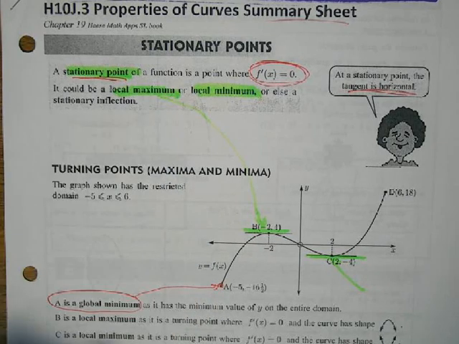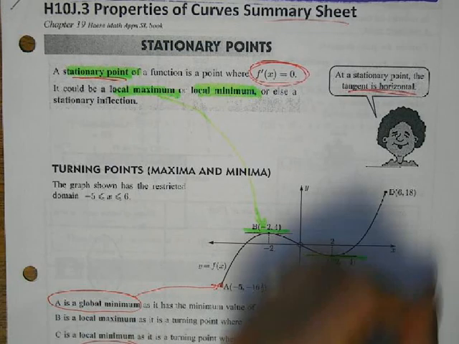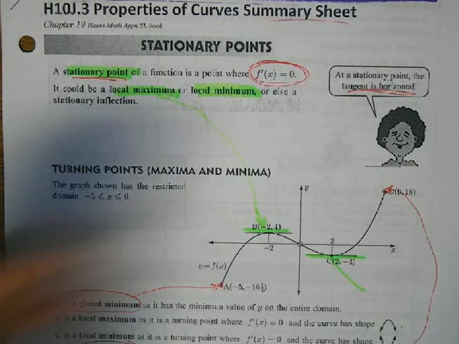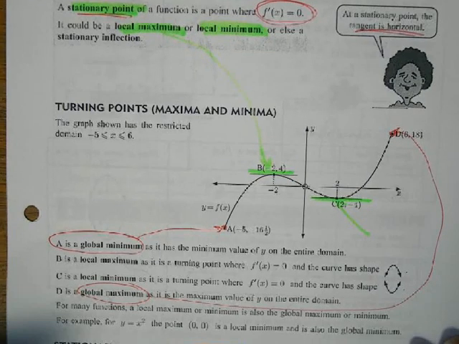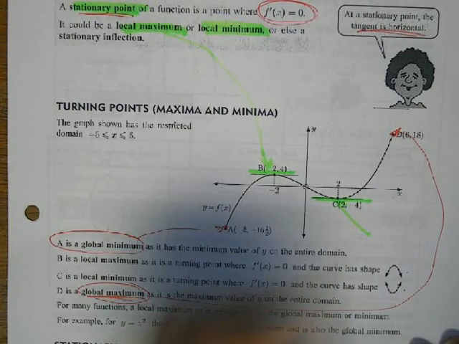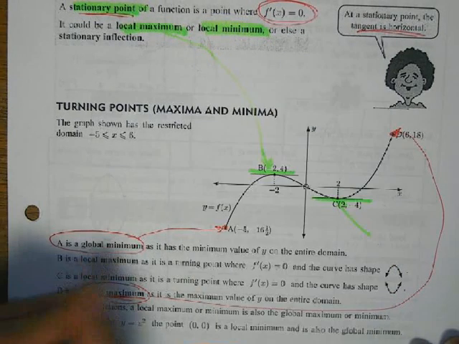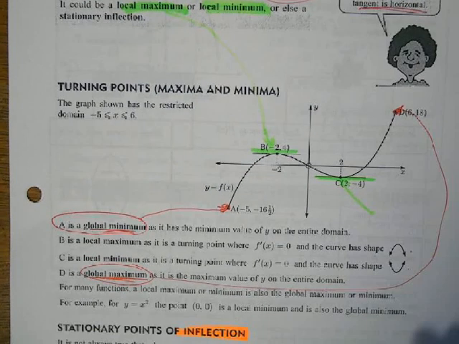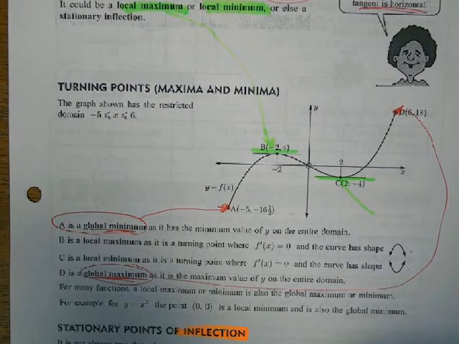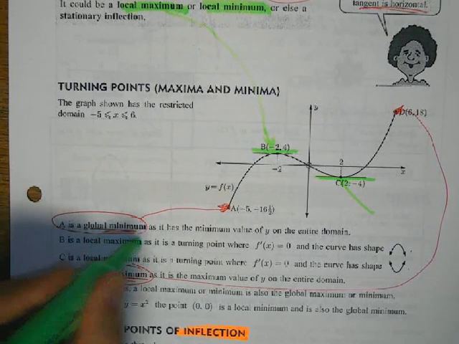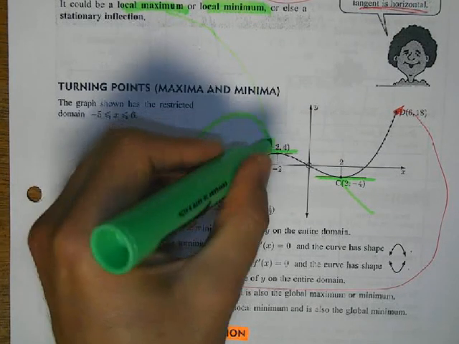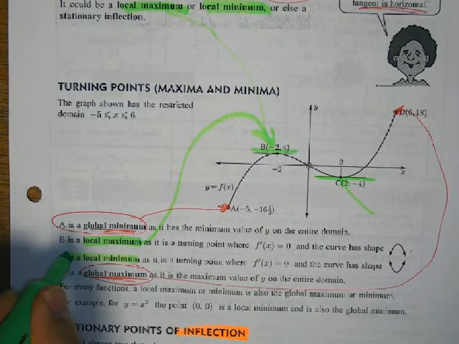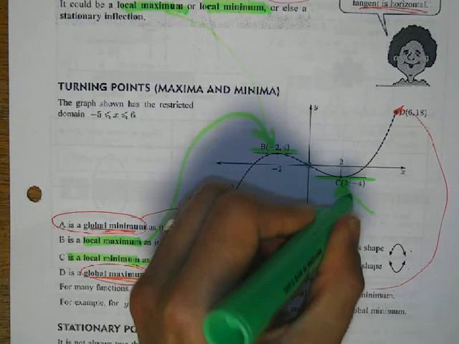A global maximum is this point here, where it's truly the highest point. So there's your global maximum, right here. This is your global minimum, right there. And as we said here, the local maximum is this guy right there, and the local minimum is this guy right there.